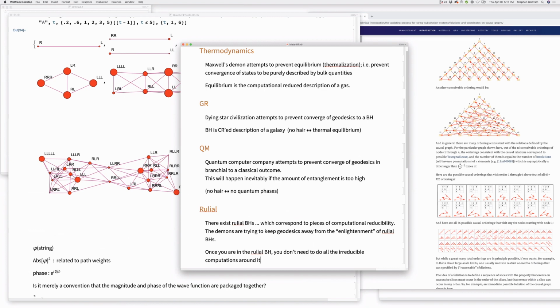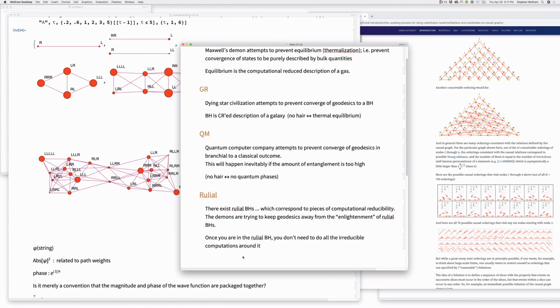It's a place where the thing you choose to look at in the universe trivializes what the universe does. So the claim is the Rullial black hole corresponds to slicing off a trivialized version of the universe.